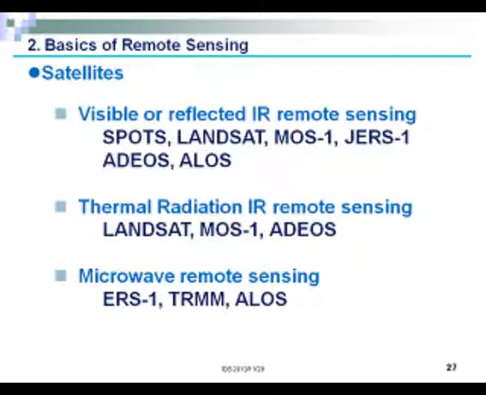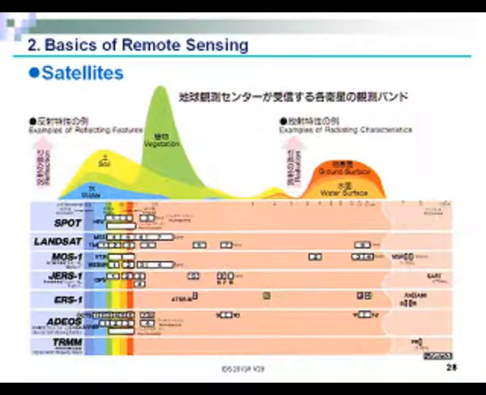So next is satellites. We have many satellites named Earth observation satellites. If I were to list all of the satellites, we could not list them all, but the most major satellite names are listed.